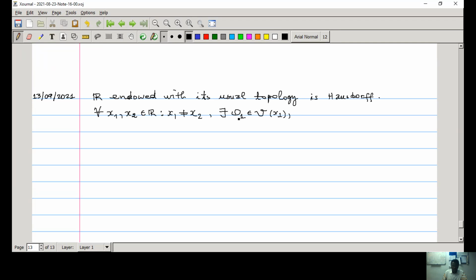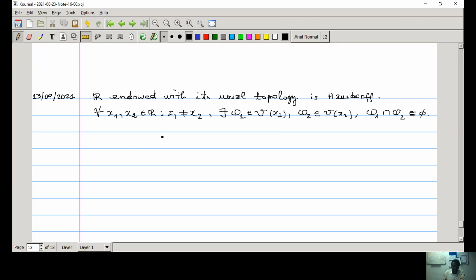Of course, this existence is for both O1 and O2, I don't have to repeat it. When I write O, it's assumed to be open. Such that O1 intersection O2 is empty, so they don't have points in common.